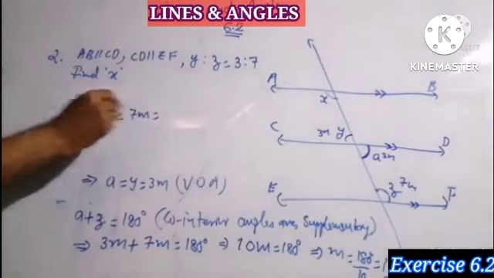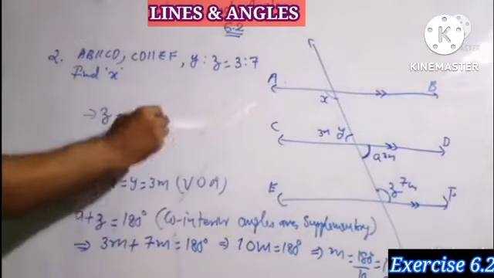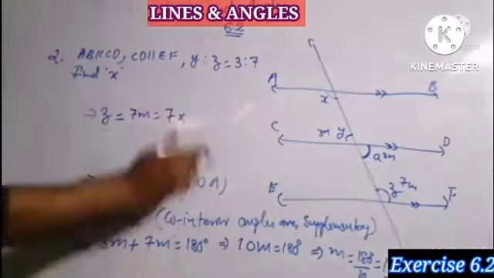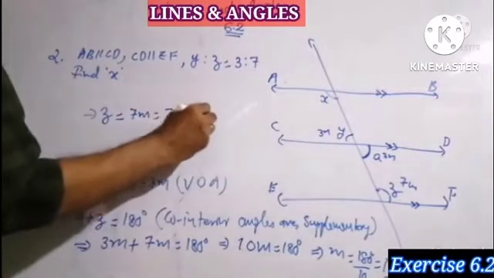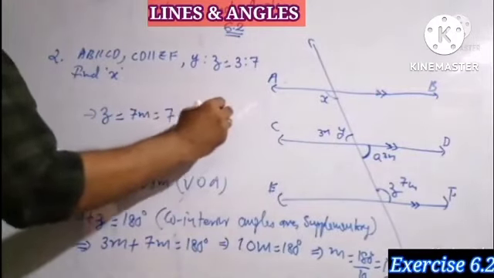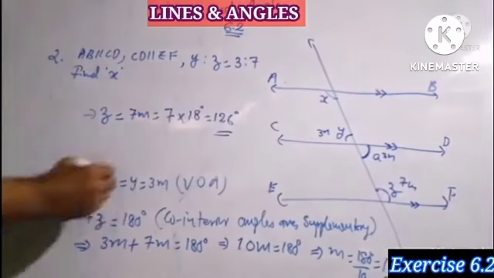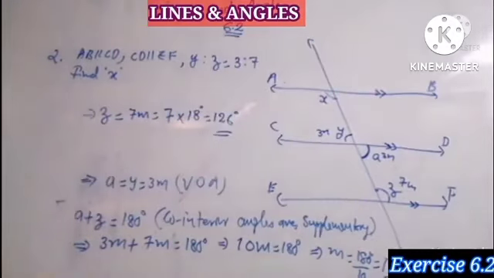Z equals 7m, which is 7 into 18 degree, equal to 126 degree. Okay, so Z is 126 degree.